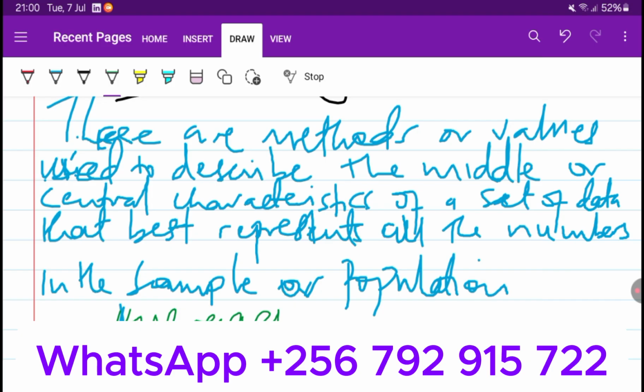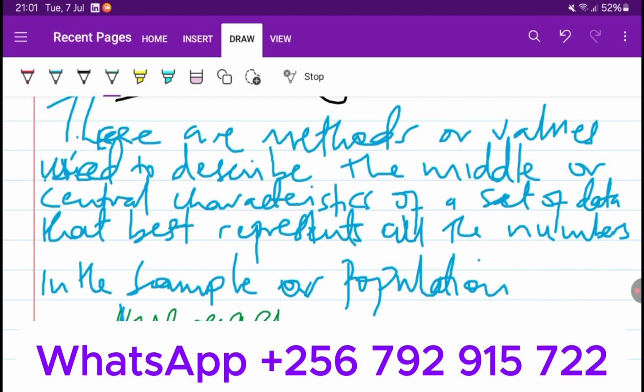So these measures provide important information which allows calculations that give a relationship of the middle value in the distribution.